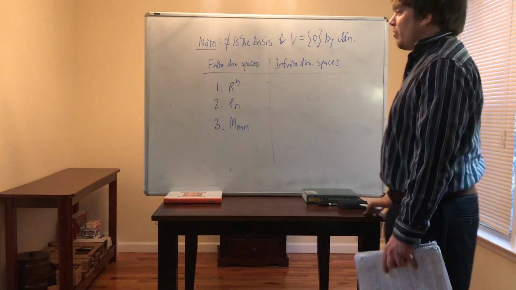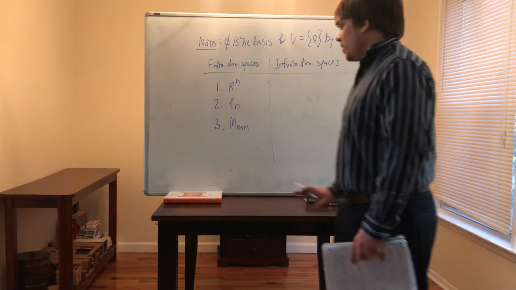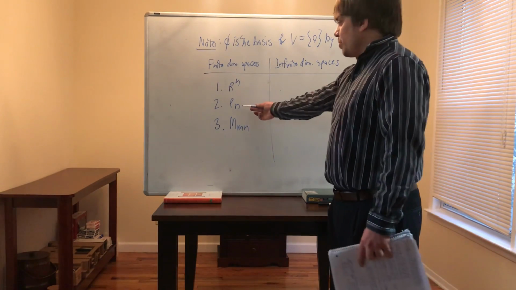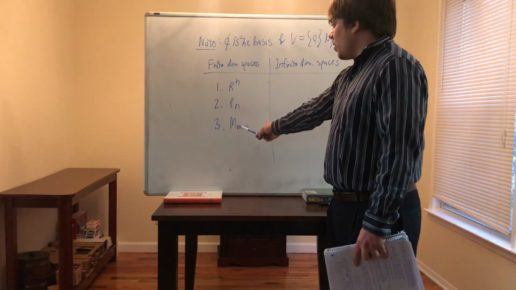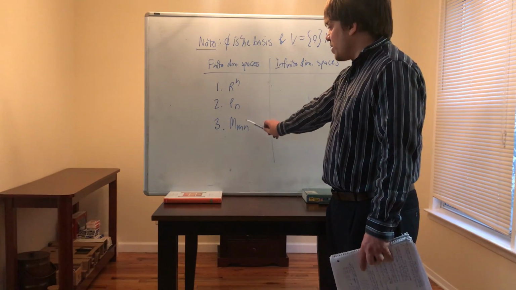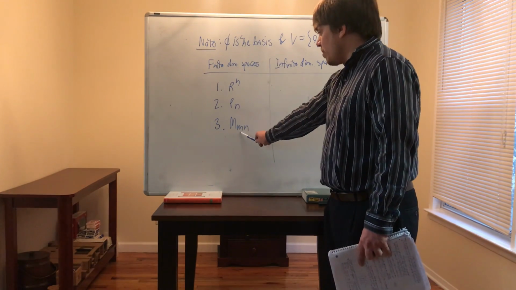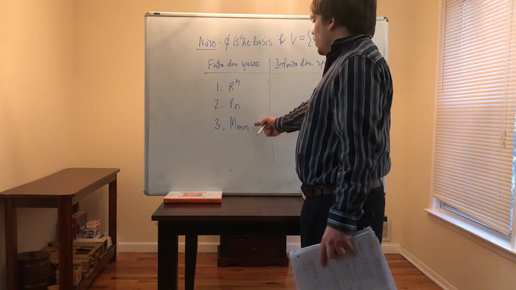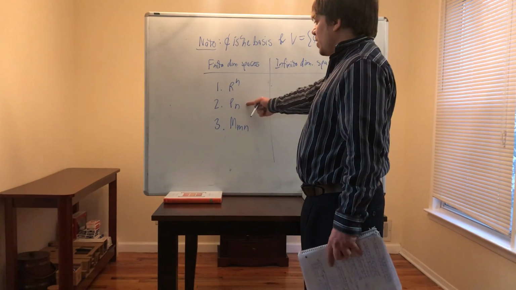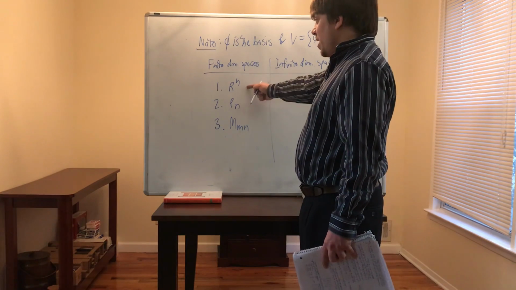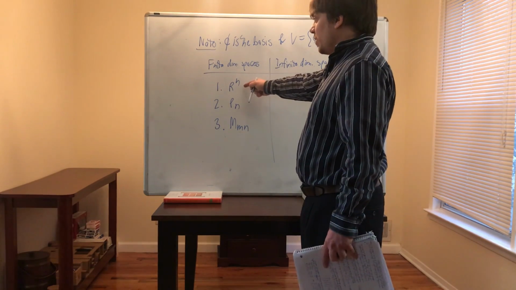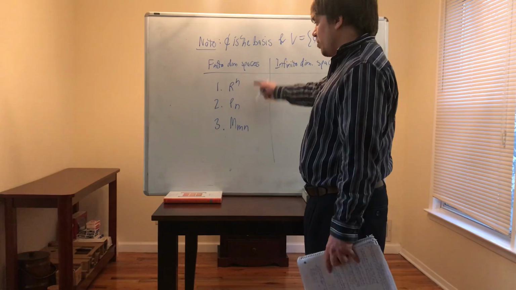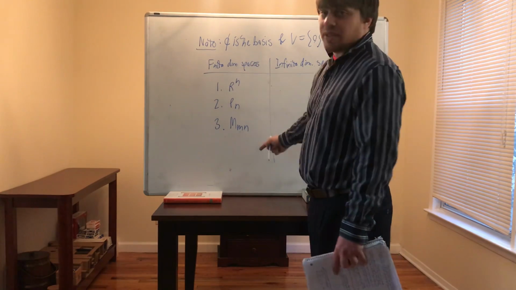So the finite dimensional vector spaces are R^n, P sub n, and M sub mn. These are the polynomials of degree at most n. This is the vector space of matrices with m rows and n columns. And this is with standard addition and multiplication on matrices, the standard addition and multiplication on polynomials, and the standard addition and scalar multiplication of vectors in R^n. Standard addition and scalar multiplication for each of these three.